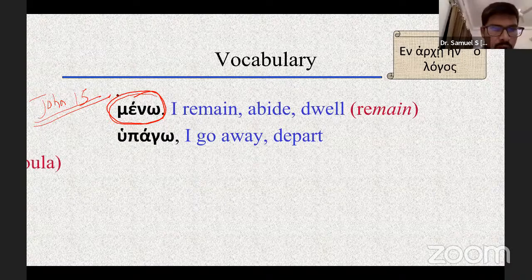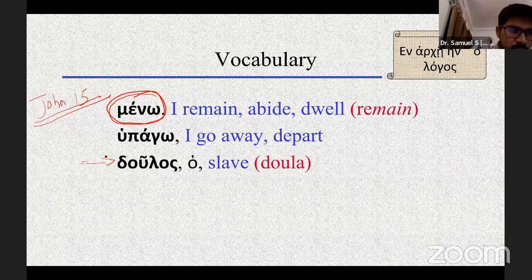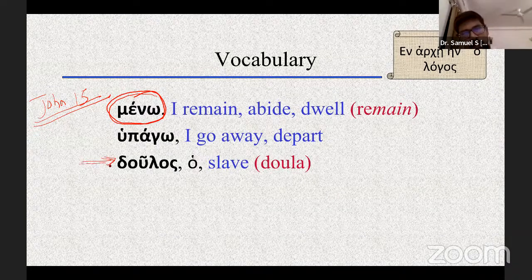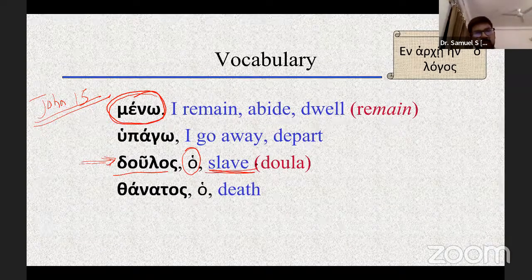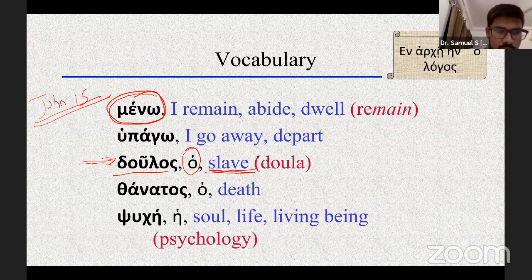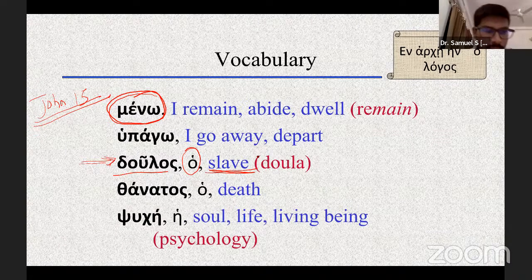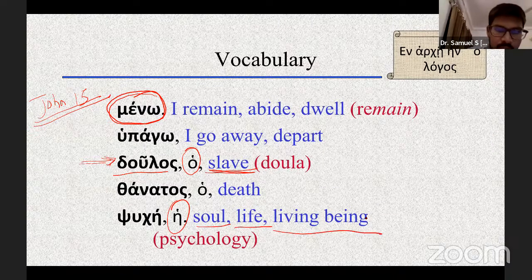Doulos, now we are back to nouns. We're going to mix up nouns and verbs. Doulos, telling us it's masculine. Slave. Thanatos, death. I thought we already memorized Thanatos, maybe not. Psyche, feminine noun. Soul, life, living being.